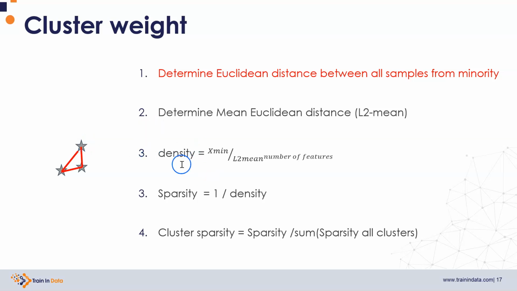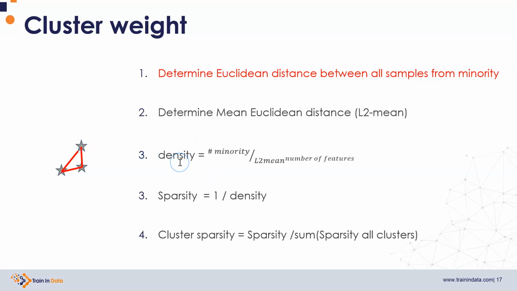And with that, we determine the density. The density is given by the number of observations from the minority class in that cluster divided by the mean Euclidean distance to the power of the number of features. This is the formula that the authors have designed. And then we need to calculate the sparsity, which is 1 minus the density. And now we calculate the cluster sparsity, which is the sparsity of this particular cluster divided by the sum of the sparsities of all the clusters.